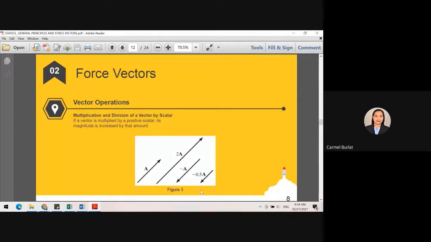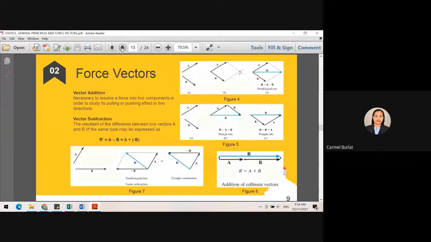Because you multiplied it by a positive scalar of 0.5, and you have your negative A vector. Okay? This previously was the multiplication and division of vector.